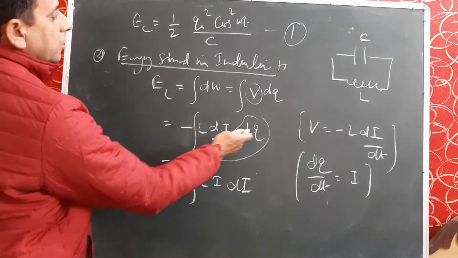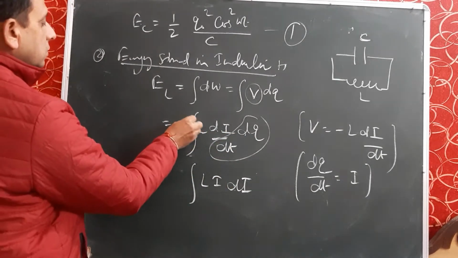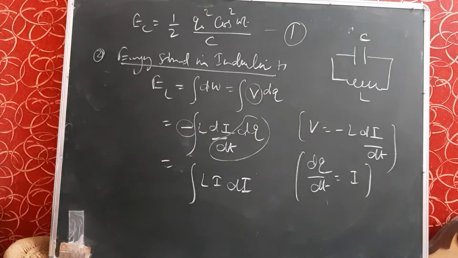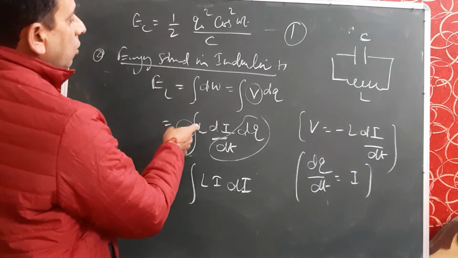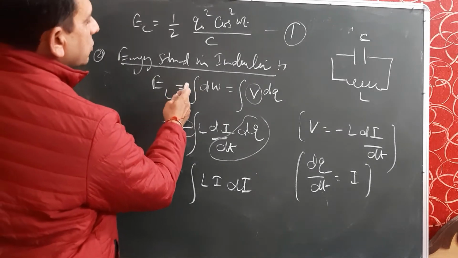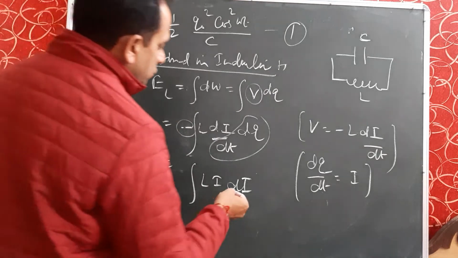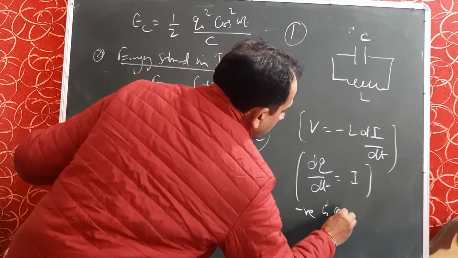We will omit this negative sign because we are considering only the magnitude of energy. You may omit this negative sign, or you may use this work done in the form of negative sign, so negative into negative becomes positive. So, negative sign is omitted.